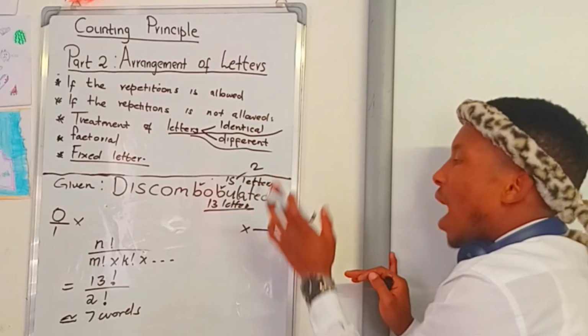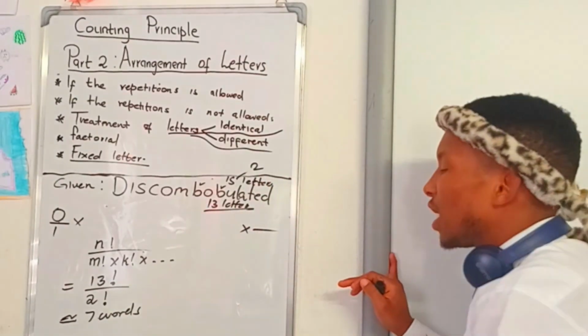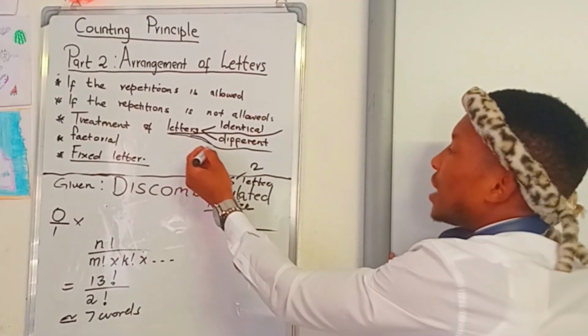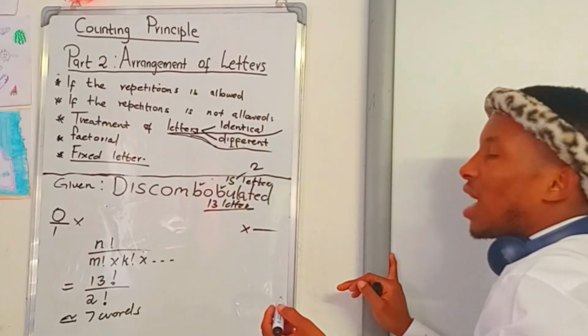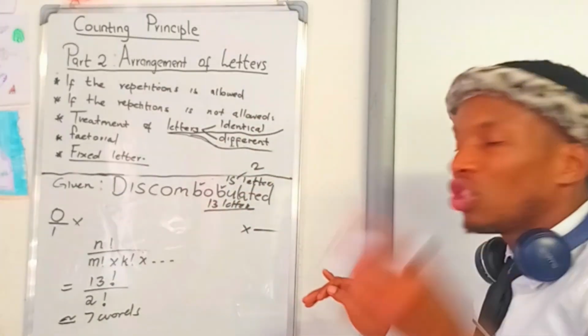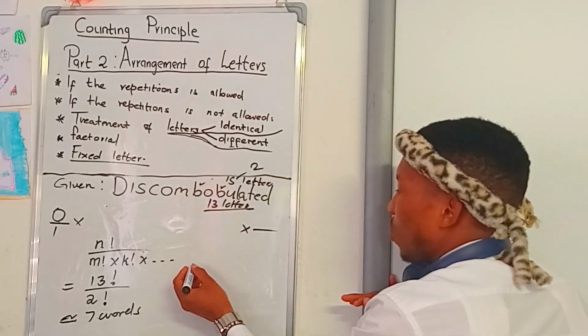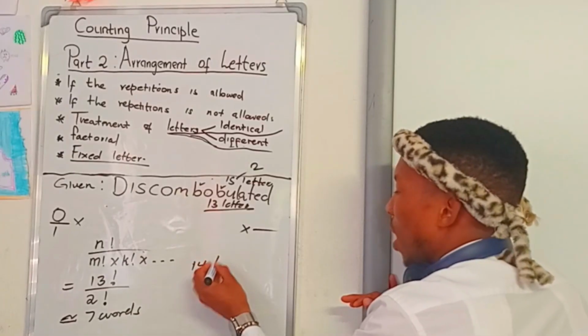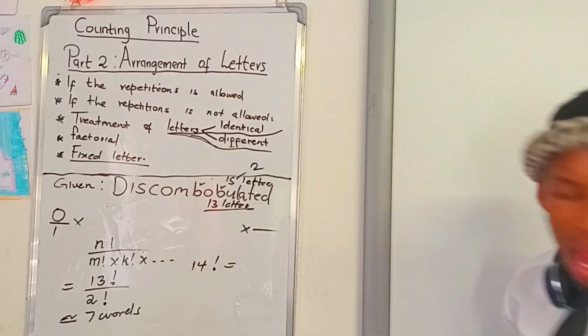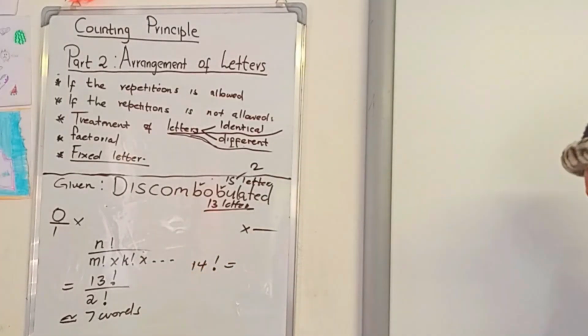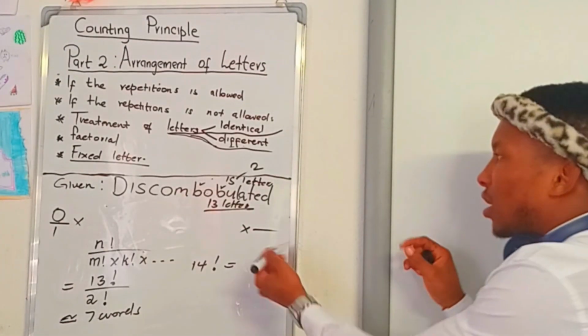Then 13 plus 1, we are going to have 14. Then remember, when the word is treated as different, it is just a factorial. Then we normally say that we have 14 factorial. Then you punch your calculator, it is 14 factorial. The treatment is as different. Then you punch your calculator, you're going to get your answer.